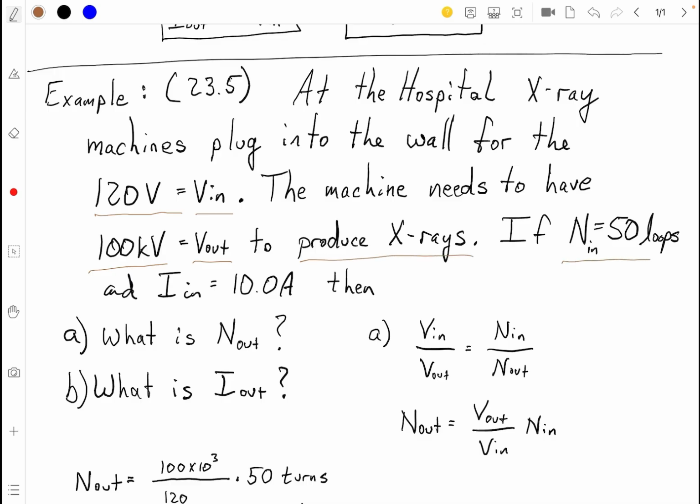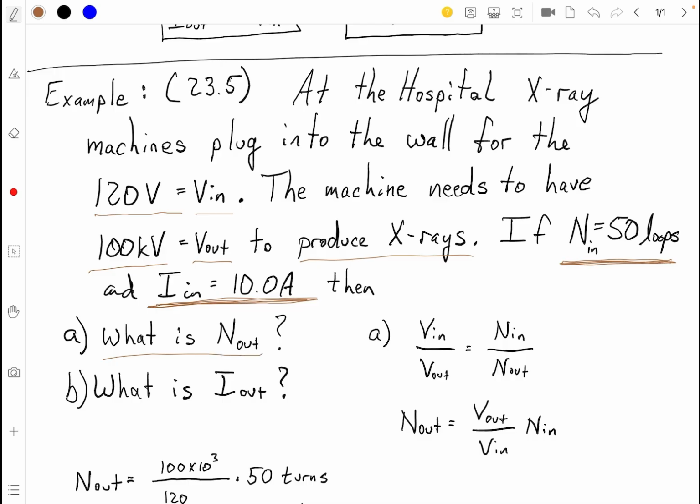And the number of loops on the inside is 50. Well, that means that we've got to have a lot of loops on the outside. So we're going to figure out how much that is. We also know that the current going in is 10 amps, okay? So what is N out?